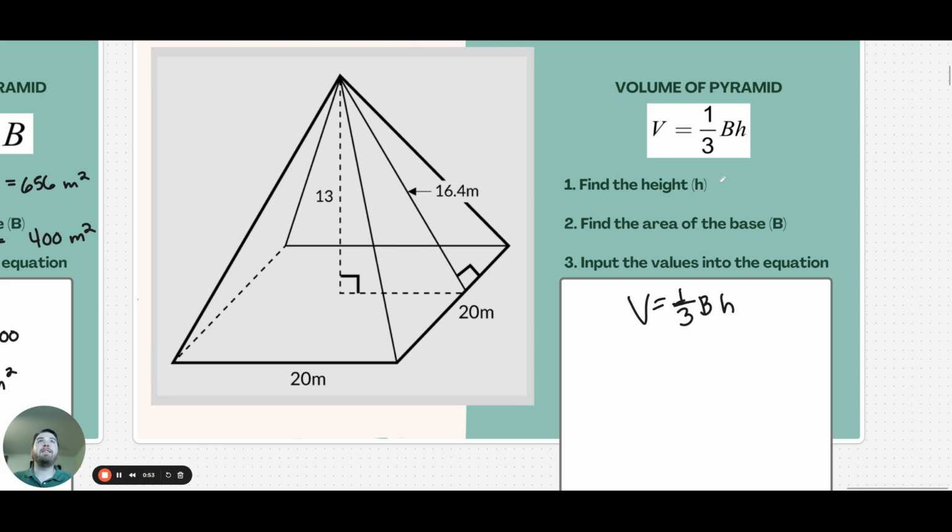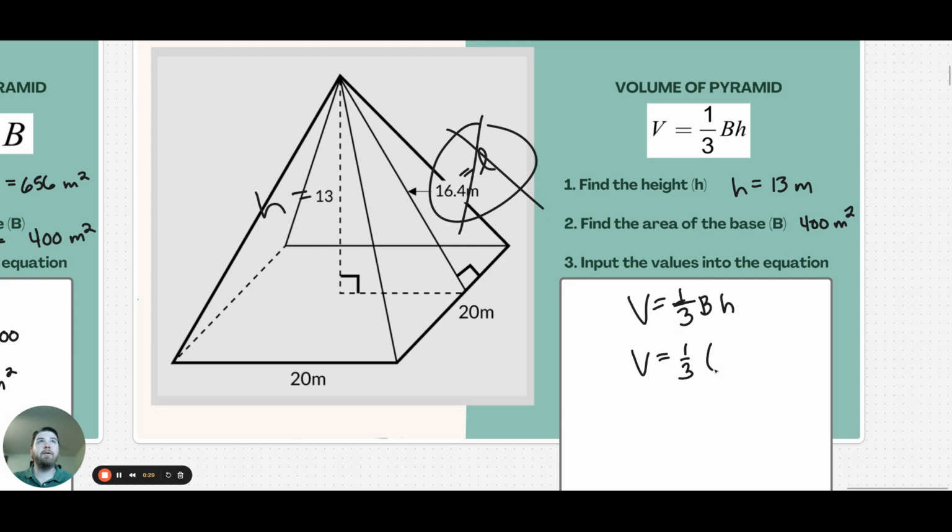First things first, find the height. Well, the height, again, don't use this right here. That's your slant height. You want to use the 13. That's what we're going to be looking for. So 13 meters is going to be the height. Find the area of the base. Well, I found the area of the base right over here. The area of the base was just 400 square meters. And so now I can input those values into my equation.